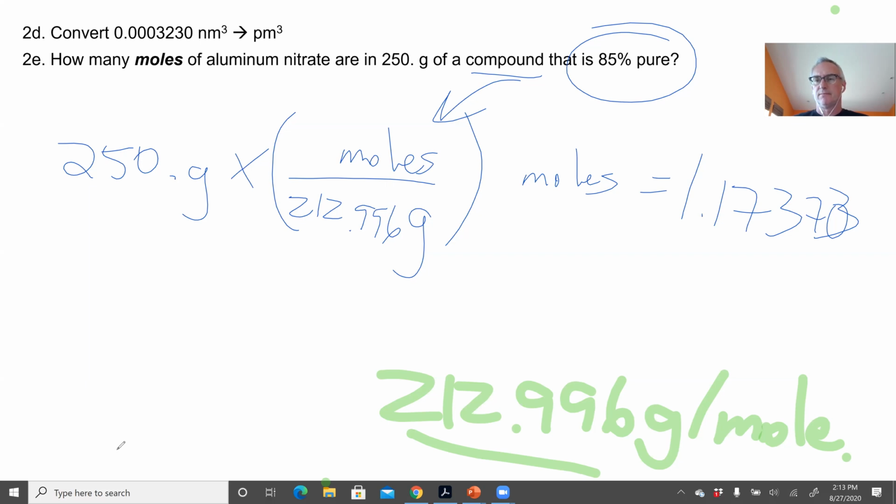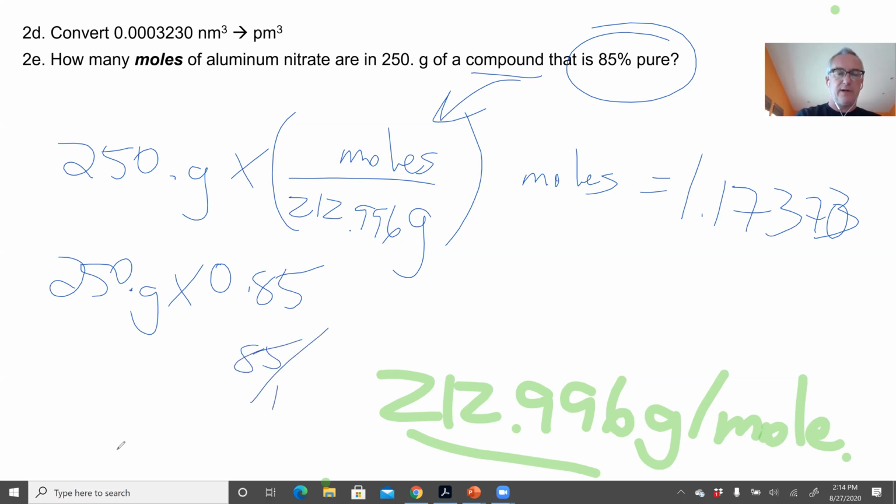I could do it at the end, or I could have done that with the mass. I could have taken my 250, which we probably should have, multiplied that by 85%. So what number do I multiply by? 0.85, or 85 over 100. Either one, it's the same thing. So I need to multiply this by 0.85.